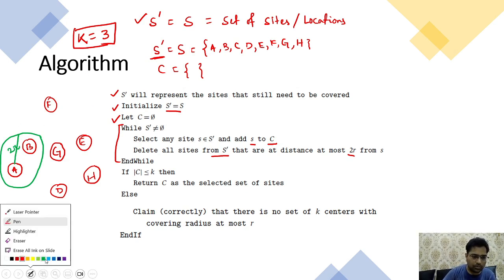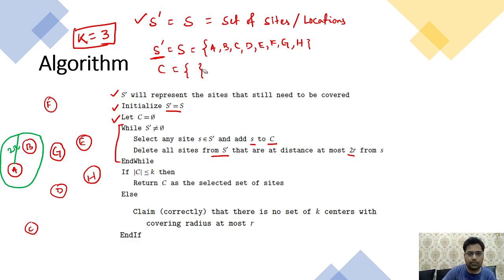Now what do I do? I have to place A here. Whenever I'm placing A, within that range B is there. Clear? So I have to cut that B. Then I have to select randomly. I'm picking one.